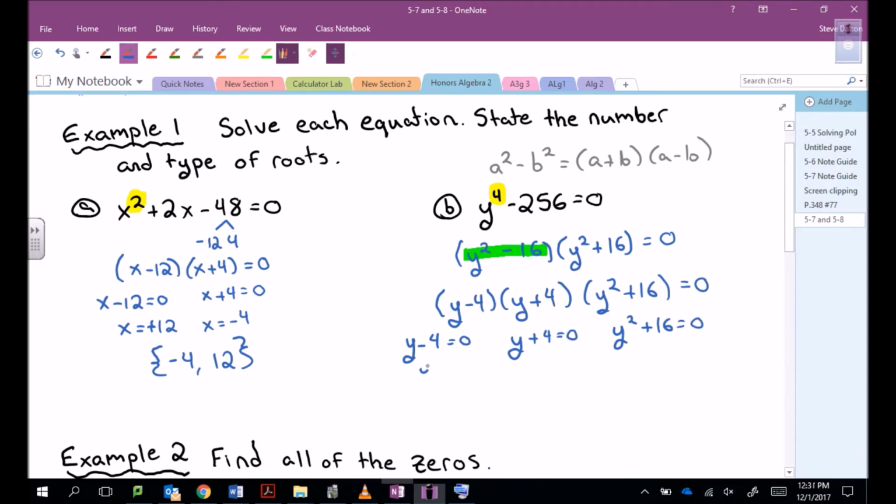Well, over here, for y minus 4 equals 0, that's really 4. For y plus 4 equals 0, that's negative 4. And then y squared plus 16, I'm going to subtract 16 from both sides, so y squared equals negative 16. I then will take the square root of both sides.